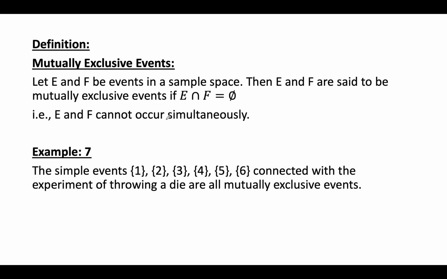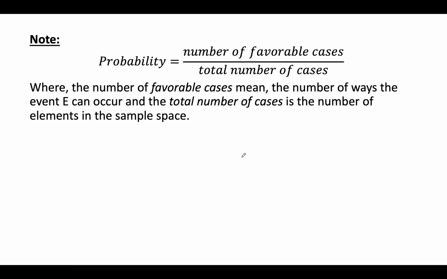For example, the simple events 1, 2, 3, 4, 5, 6 connected with the experiment of throwing a die are mutually exclusive events. So 5 intersect 6 is equal to phi. No elements are common between those two sets. Therefore, we call those mutually exclusive events.